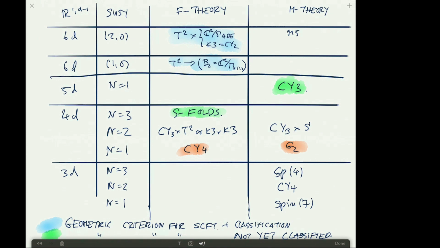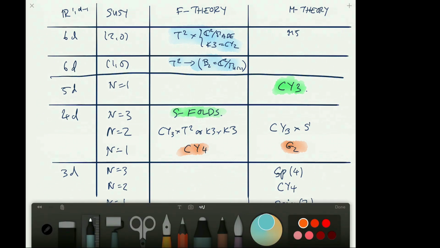So there's no sense in which we know when a compactification, say in F theory of a Calabi-Yau 4-fold, will give a 4-dimensional N=1 supersymmetric theory or not. That's conformal. I mean, it's always N=1 supersymmetric. I can write down a gauge theory, it has a property, but when actually it is conformal, that is sort of not a purely geometric criterion that we know.